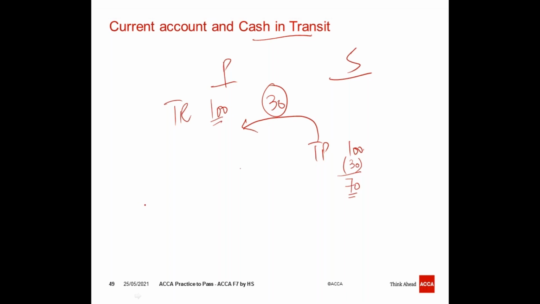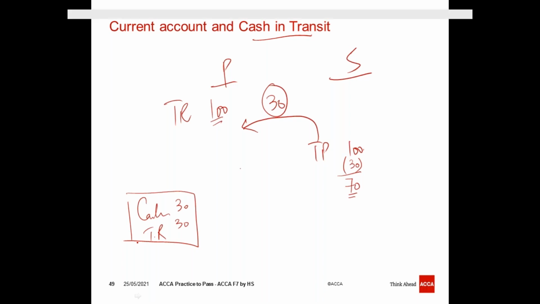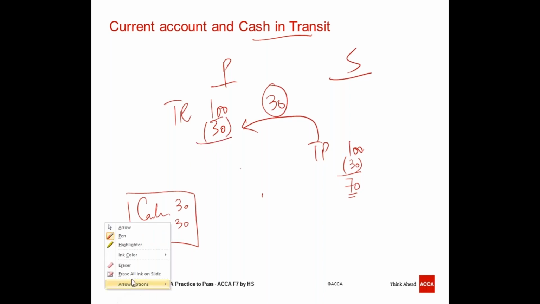The accounting entry should be cash debit and receivables credit by 30. So we assume that the cash that was in transit has been received by the parent company. So when you receive the amount, the treatment will be cash debit and receivables credit by 30, and the value of this transaction has become 70.